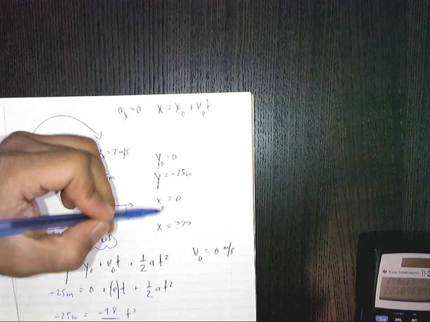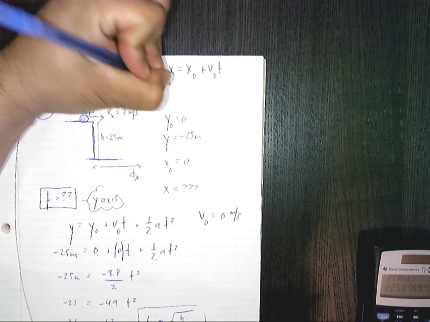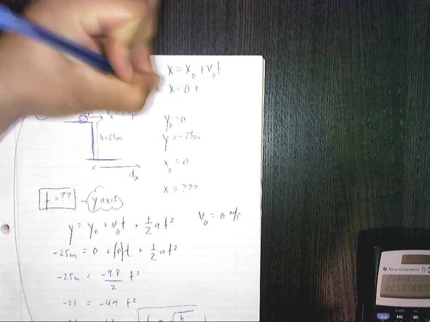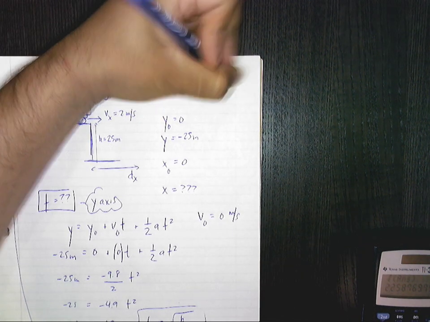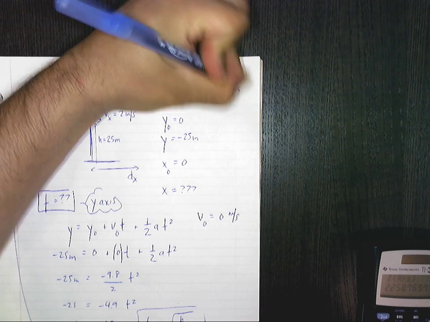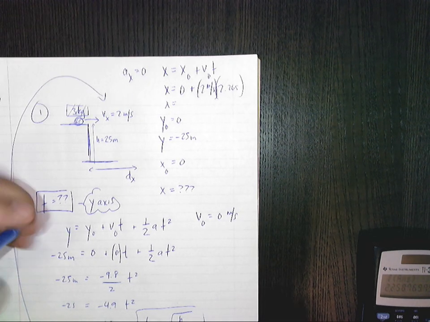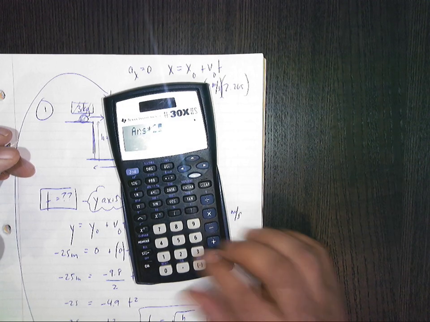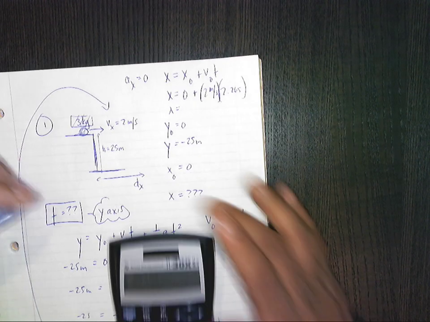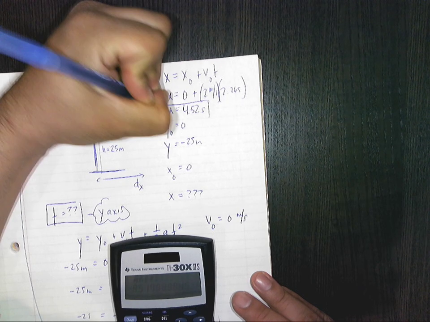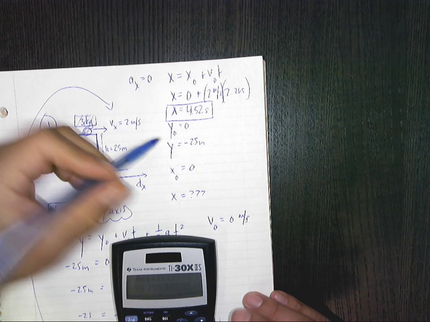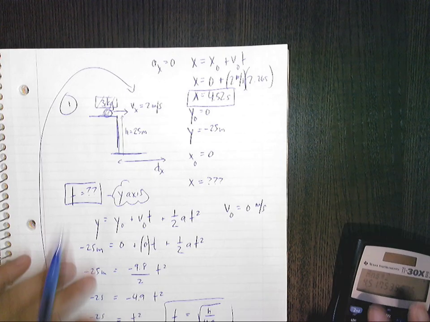And since my initial x0 was 0, I get x equals 0 plus my v0, which is 2 meters per second, times 2.26 seconds. Well, my x position is going to be 2 times 2.26, which equals 4.52 meters. That will be my final x position there, and that's number 1 in a nutshell.